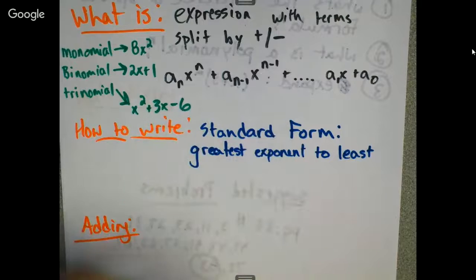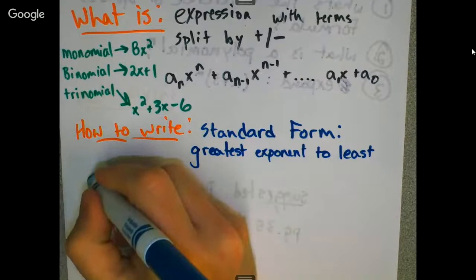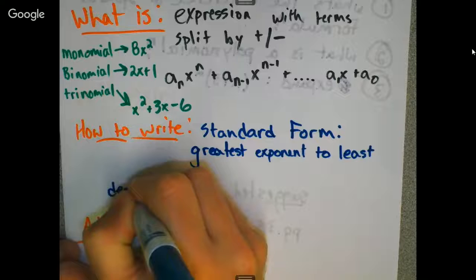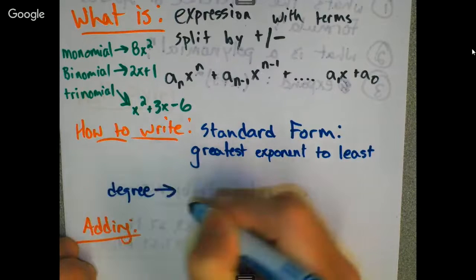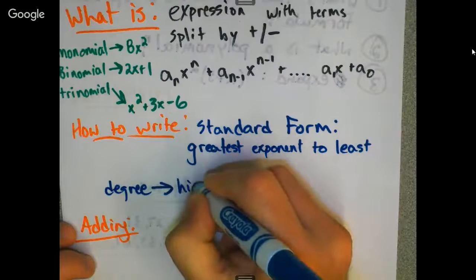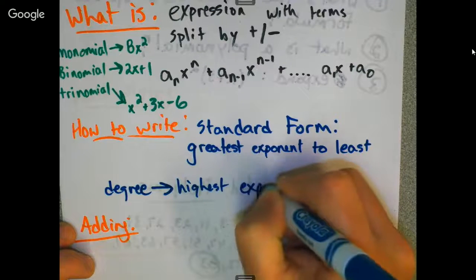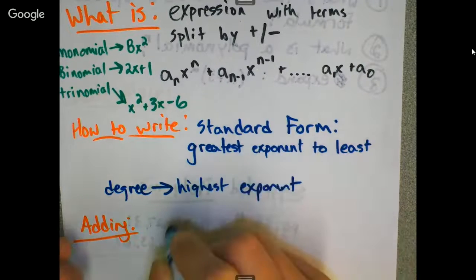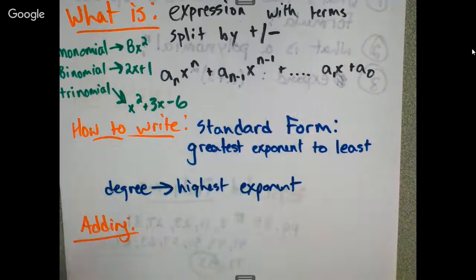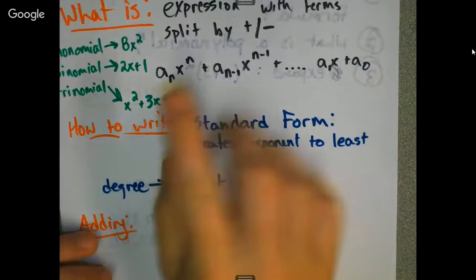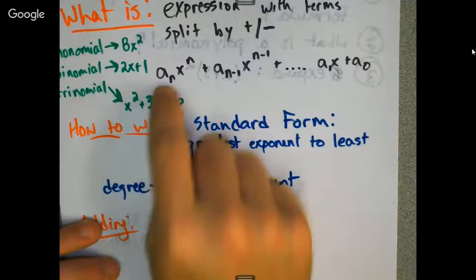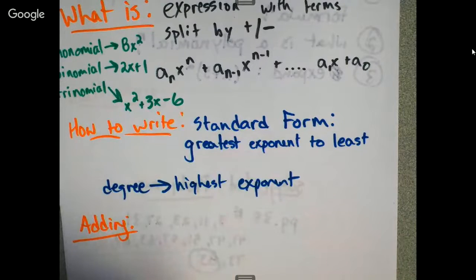Okay, and we have what's called degree. Okay, the degree is the highest exponent. Okay. One thing I would like to add is that most often when we deal with polynomials, it'll only have one letter in it.